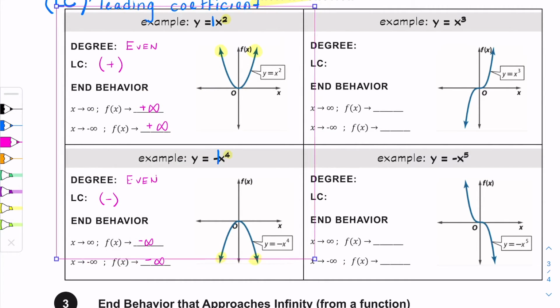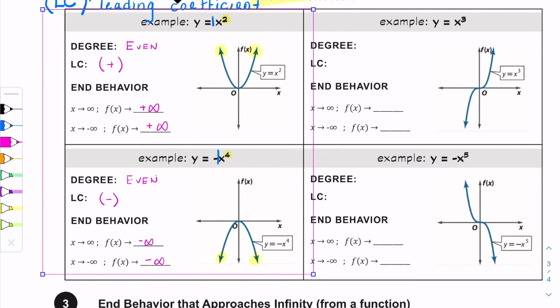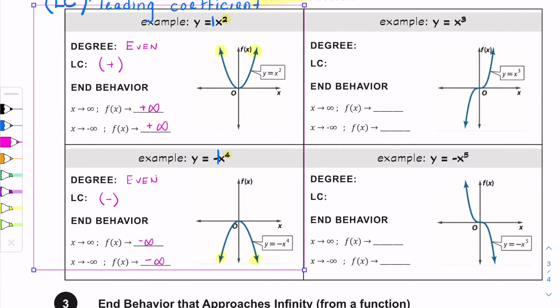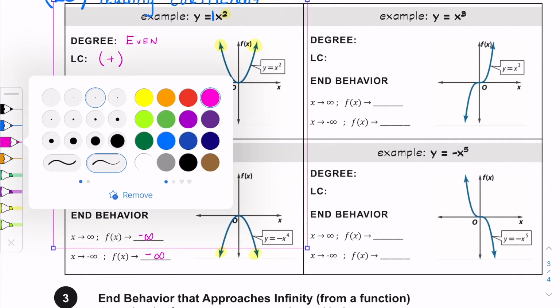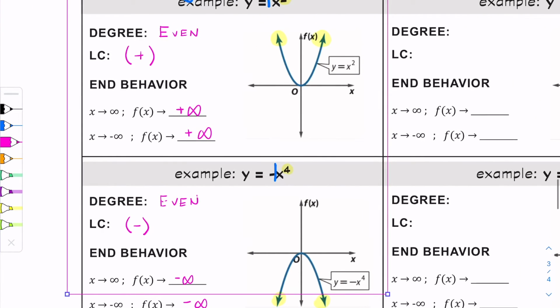All right, this side of the graph that I just marked, or just drew a pink square around, these indicate that your function is an even function. So if the function is even, then both ends either face up or both ends face down.